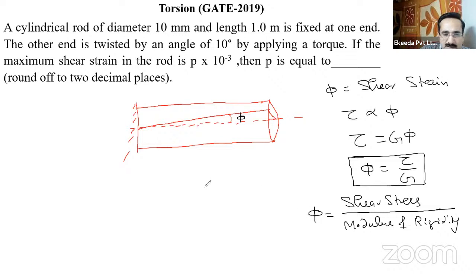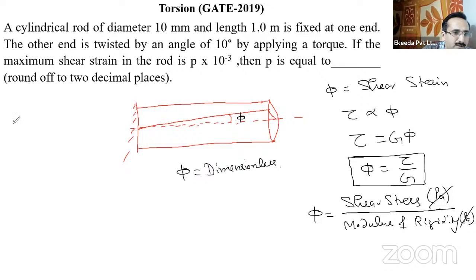And phi is dimensionless, because shear stress and modulus of rigidity have the same dimensions, right? So this is also Pascal, and this is also Pascal. So Pascal to Pascal cancel, so it is dimensionless, right?